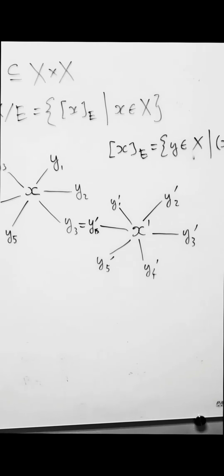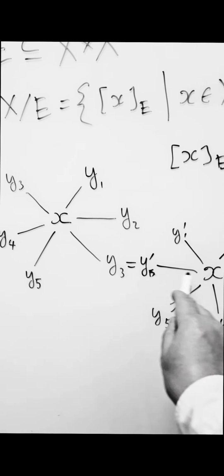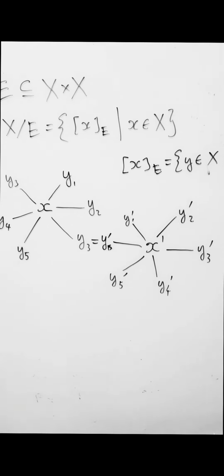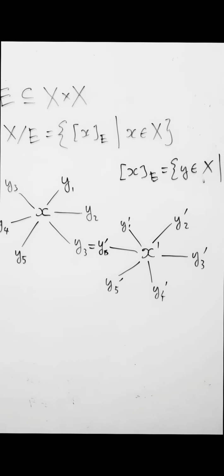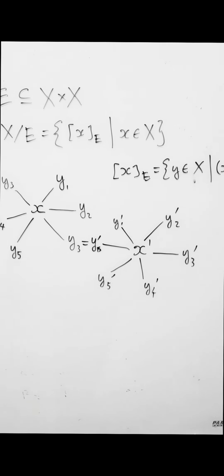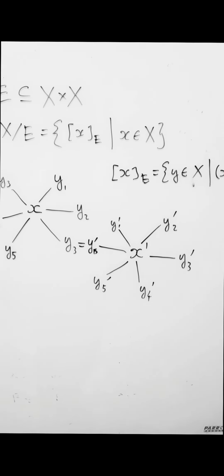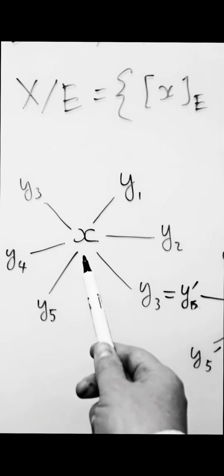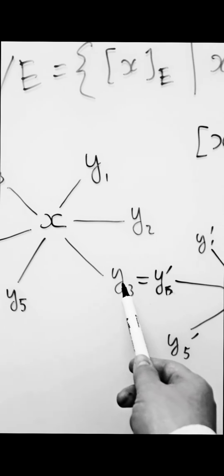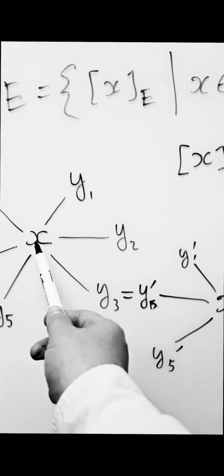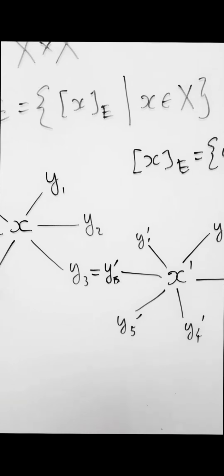But this creates a link between x and x prime, making x and x prime themselves related to each other thanks to the principle of transitivity. Every equivalence relation is transitive, therefore, if x is related to y3 and y3 is related to x prime, then x will also be related to x prime.